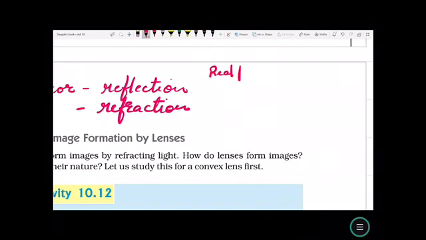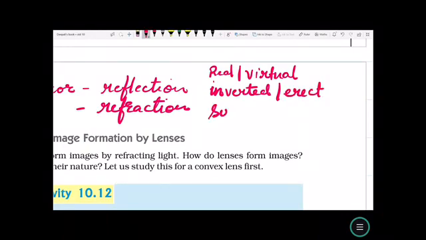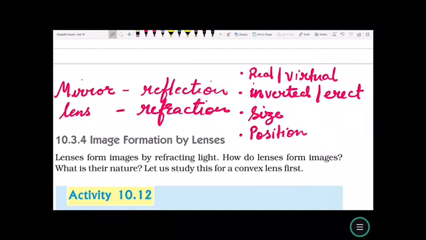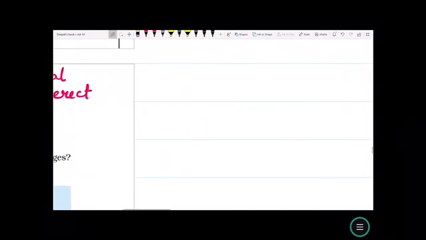That is, you have to see whether the image is real or virtual, whether it is inverted or erect, the size of the image and the position of the image. These are the three characteristics we are going to take into consideration for the lens as well.